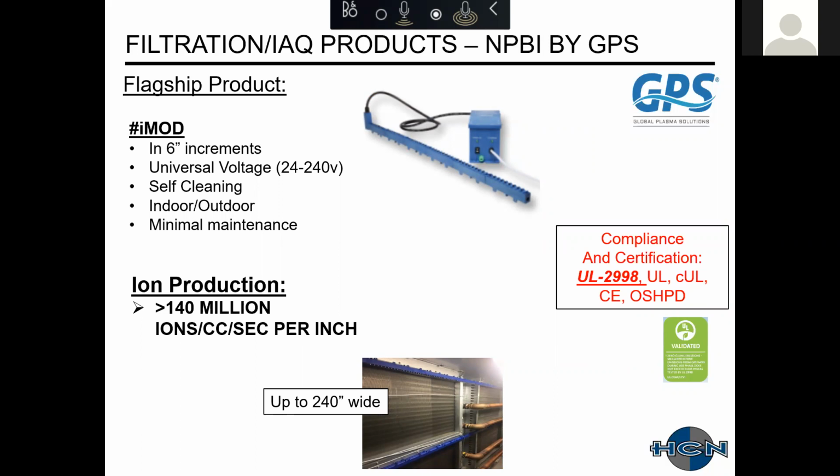It is considered to be self-cleaning. The iMods should be installed in the airstream, but the power source can be indoors as well as outdoors. As I mentioned, with the self-clean they have minimal maintenance. That's a cutaway view of an air handling unit showing the 2 blue iMods being installed on the coils.